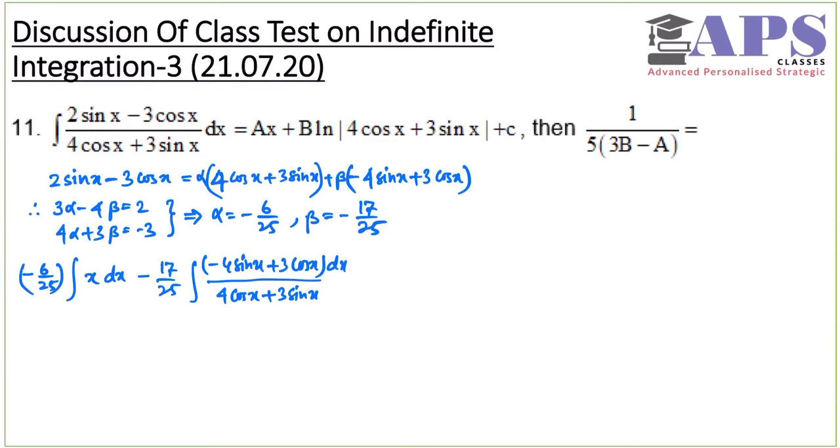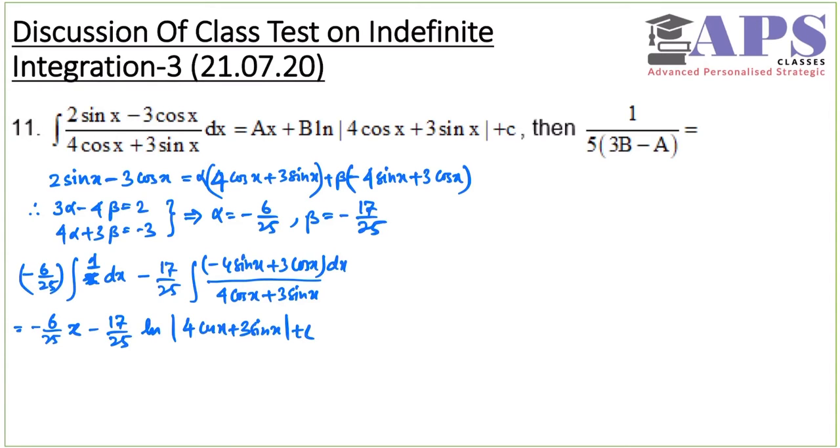So this is basically minus 6 by 25, and after cancelling it will become 1. So after integration it is x, and then minus 17 by 25 ln of mod 4 cos x plus 3 sin x plus c.